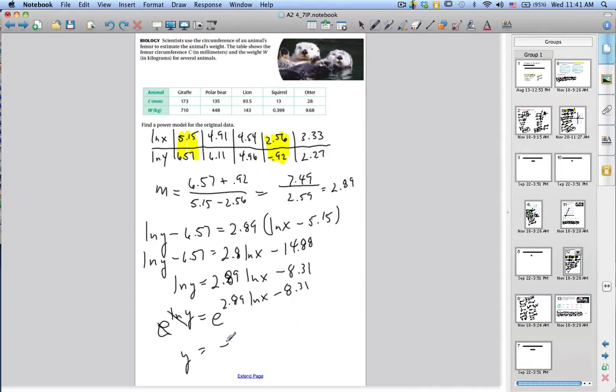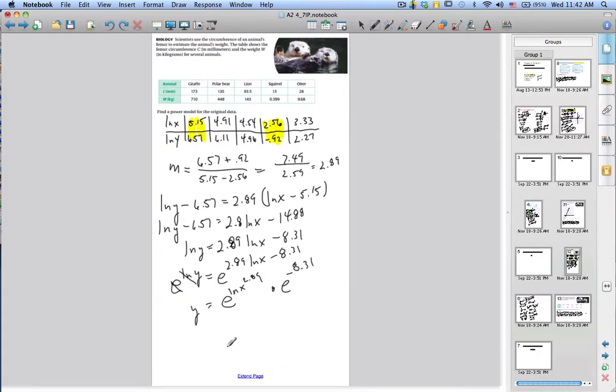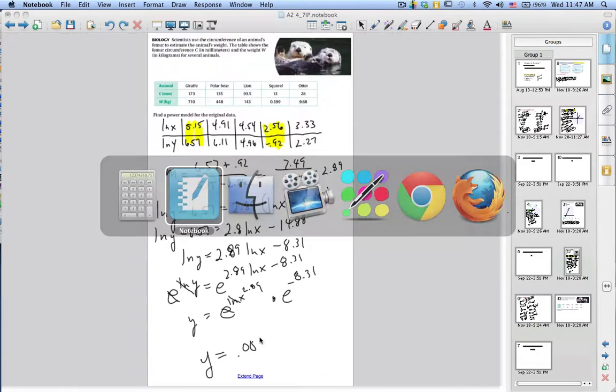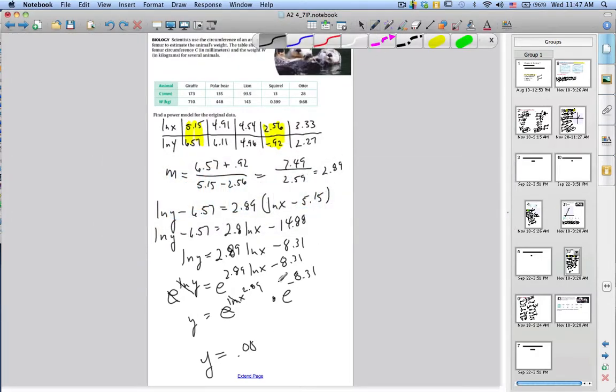I know that this can also be a coefficient. So this is e to the natural log of x to the 2.89 power times e to the negative 8.31 power. And I think that's going to be a little easier. When I simplify this, this is going to be equal to 0.00, how many zeros? 0.246 times x to the 2.89 power.